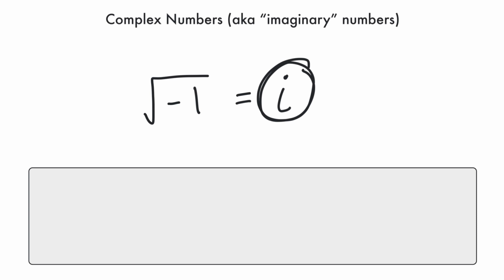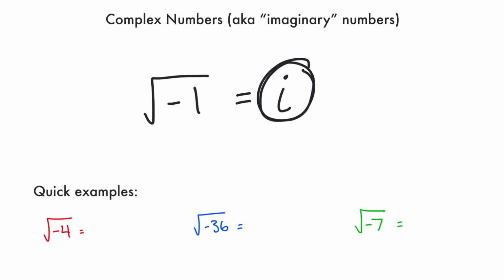I want to go over some brief examples as to how this is actually really easy to incorporate into the material you've already been utilizing. We all know what the square root of 4 is. But the square root of negative 4, you can imagine that as just being the square root of 4 times negative 1, which is equal to the square root of 4 is 2, the square root of negative 1 is i.